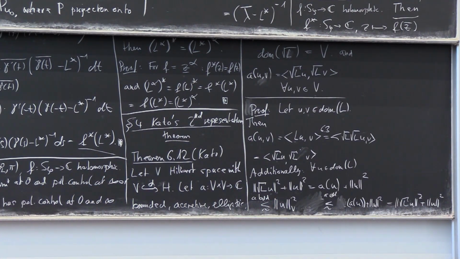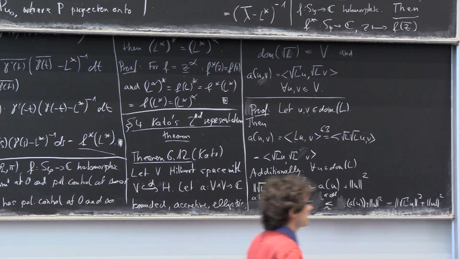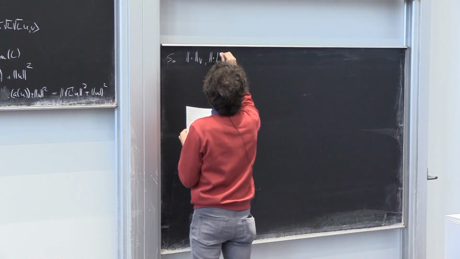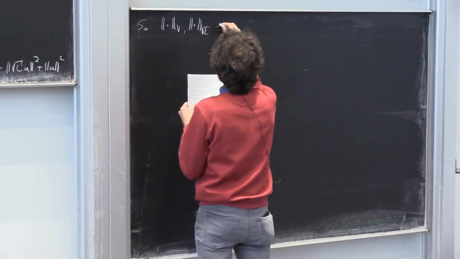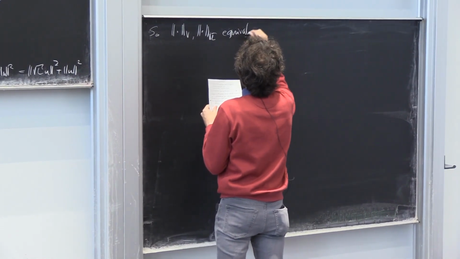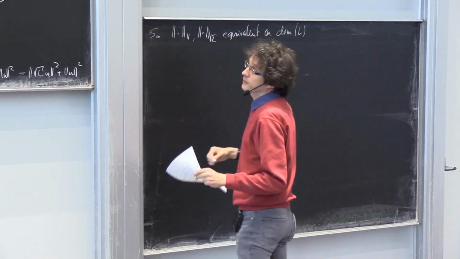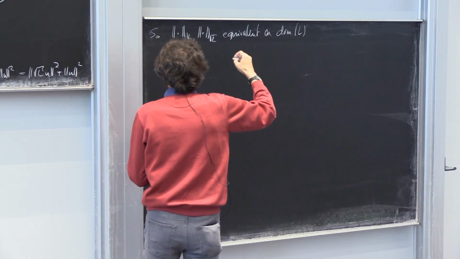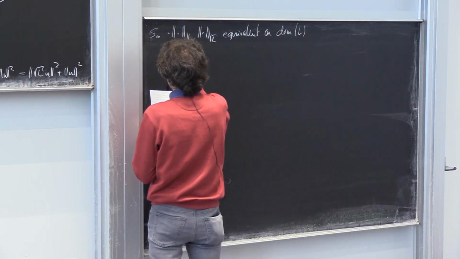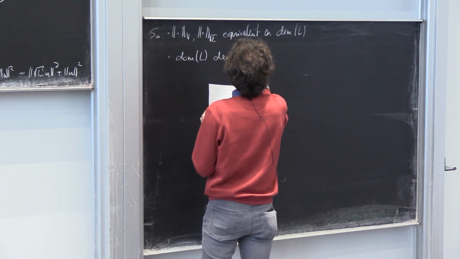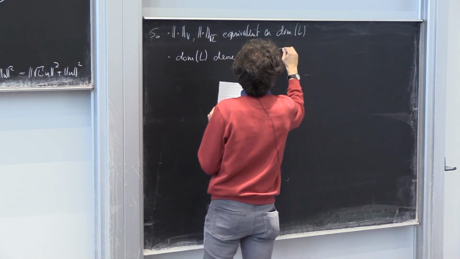If you now put together what that means, the norm on V and the graph norm of the square root of L are equivalent norms on the domain of L. All this calculation was for u in the domain of L. But we also know that the domain of L is dense in V. This we showed in Proposition 2.23.